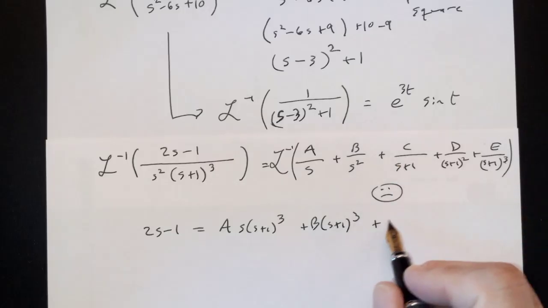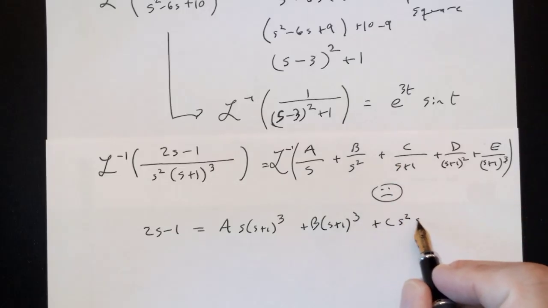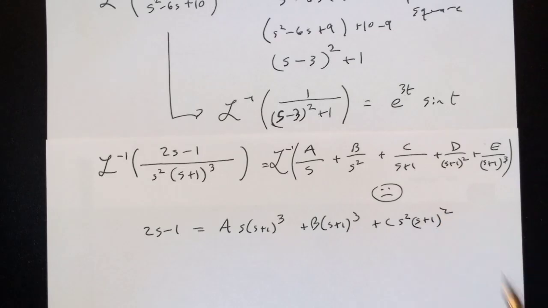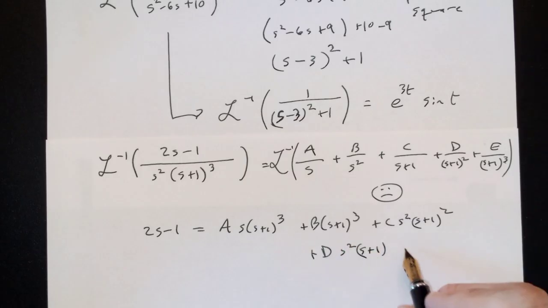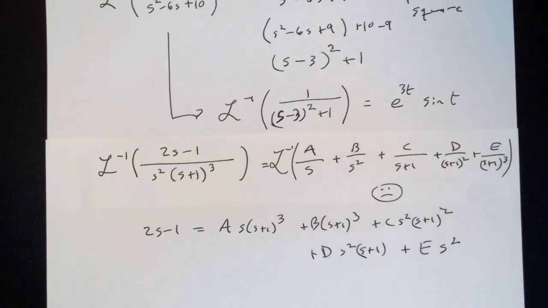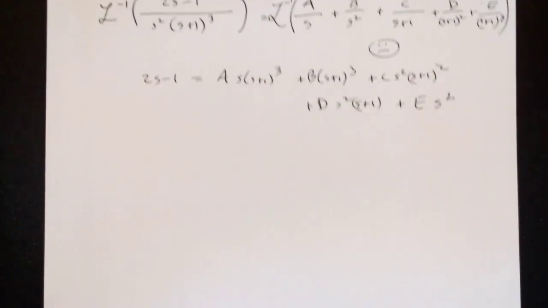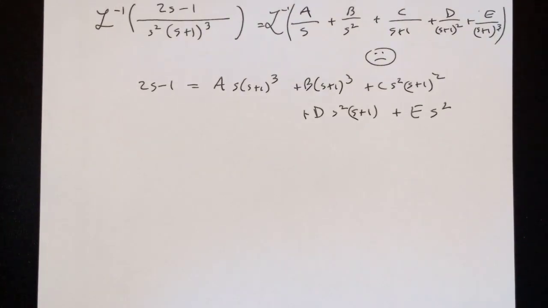I'd get C s squared (s plus 1) squared. I'd get D s squared (s plus 1), and I'd get E s squared. Everything else is just multiply and gather like terms.